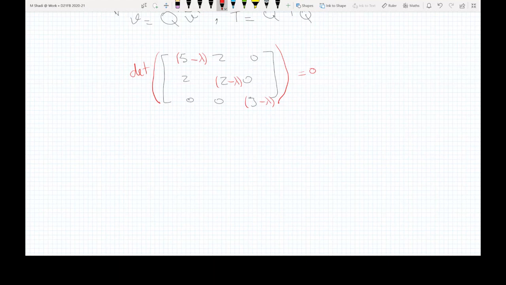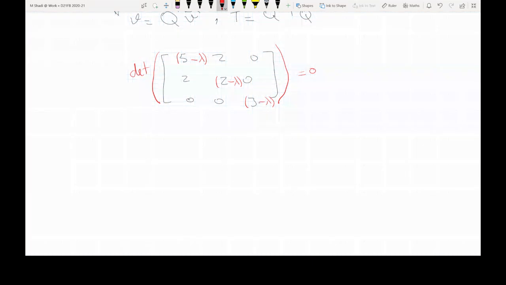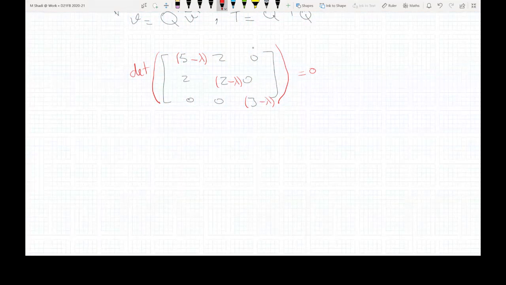Usually, if you have an entire row or entire column equal to 0 except for one number, it is easier to expand using this row or this column, because you get an equation that is easier to solve. So I'm going to expand according to this column.